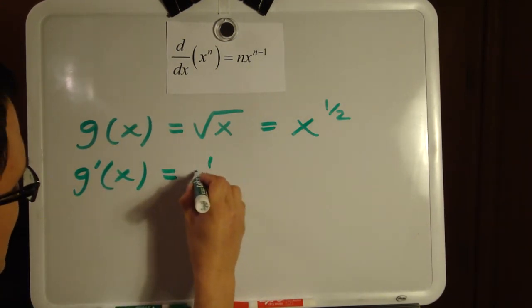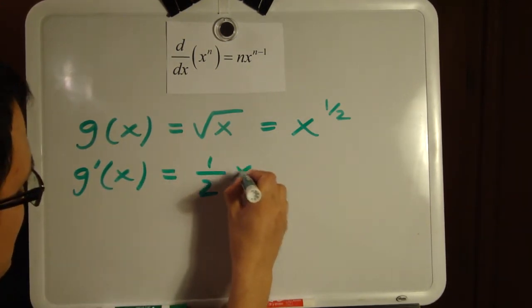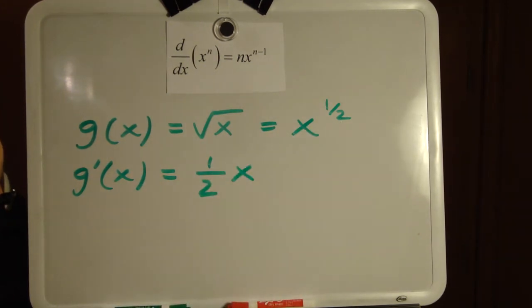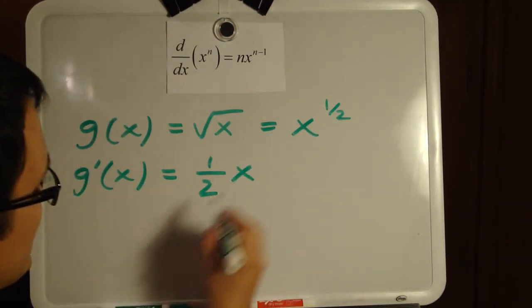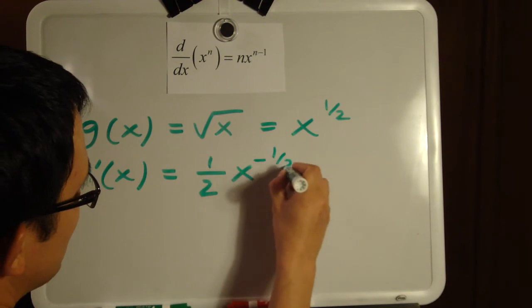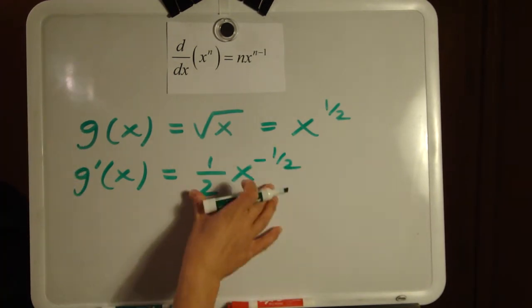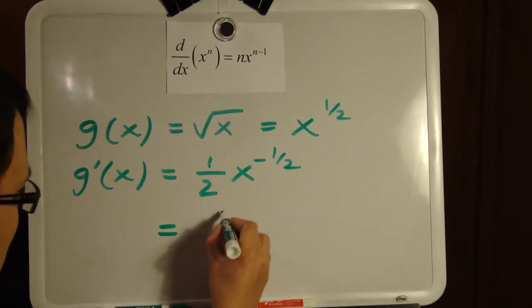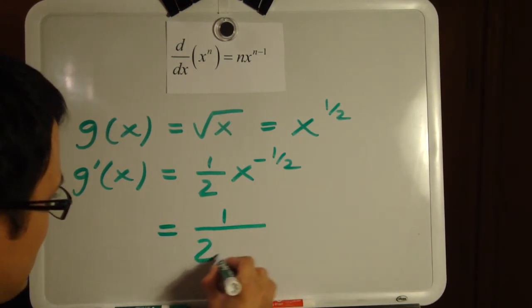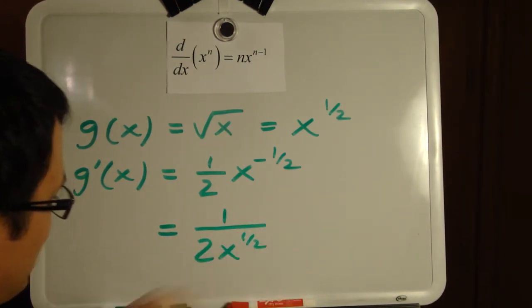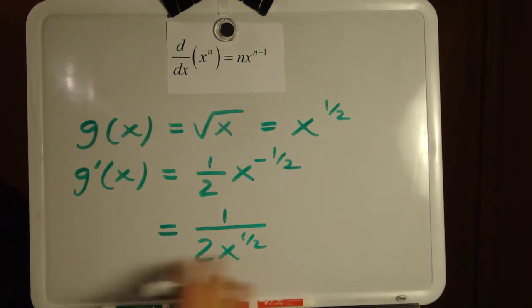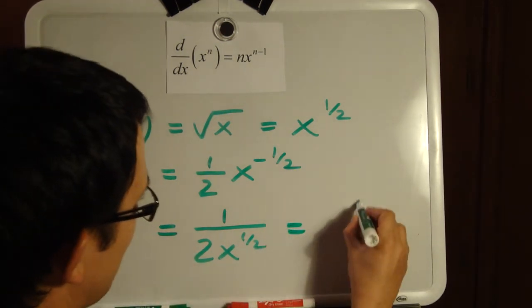So the power will go out in front, 1/2, and x is there. And then we drop the power by 1. So 1/2, if you subtract 1, will become negative 1/2. So it takes this form here. And then what we can do is to just polish this up. We can write 1 over 2x to the positive 1/2. And then if you wish, you can bring this back to the square root.